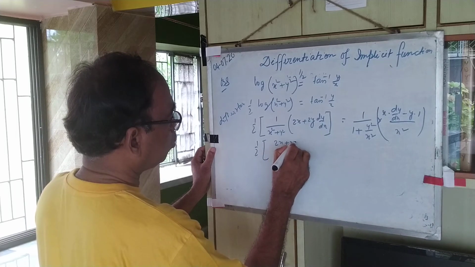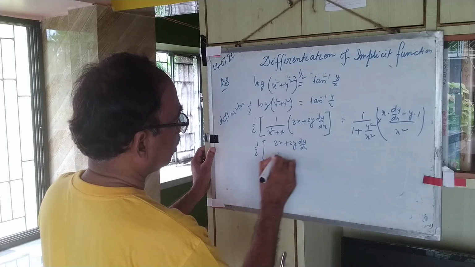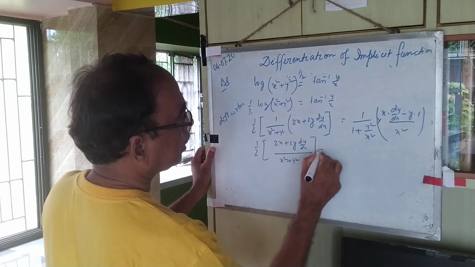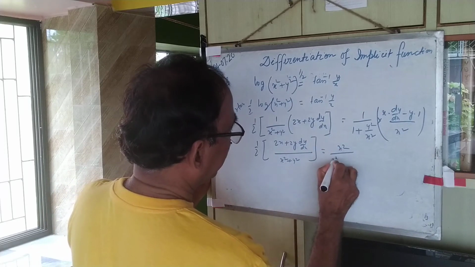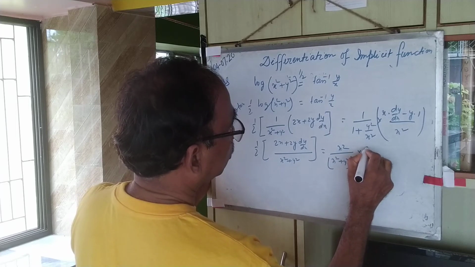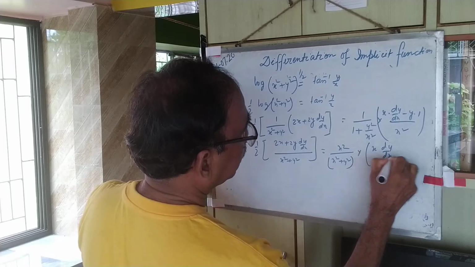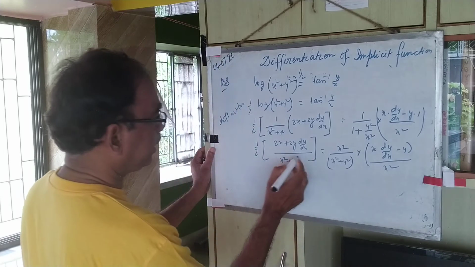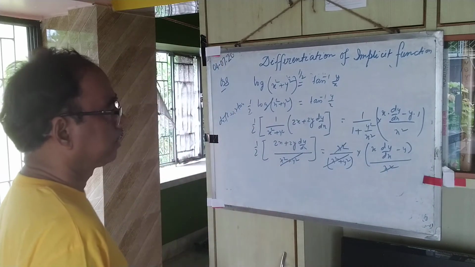2x plus 2y dy by dx over x square plus y square equals, this will go up, x square by x square plus y square into x dy by dx minus y over x square. Look here, this and this cancel, this x square cancelled.